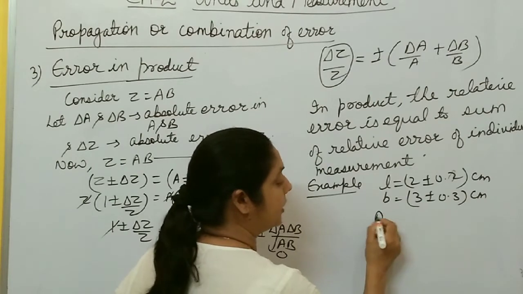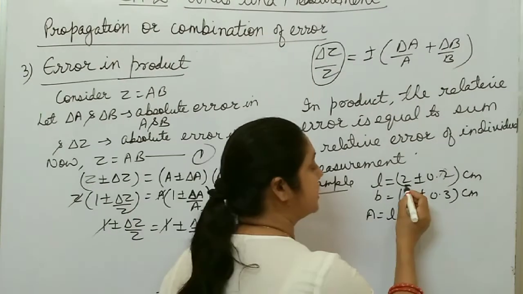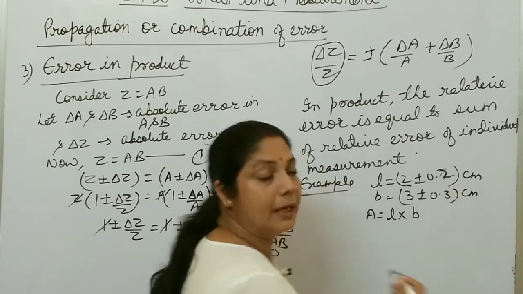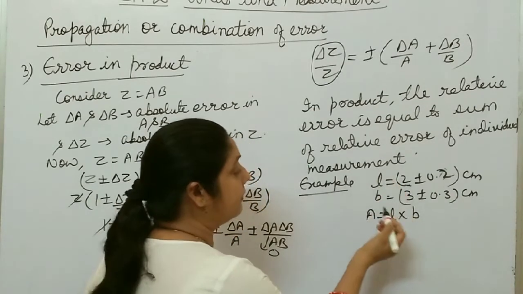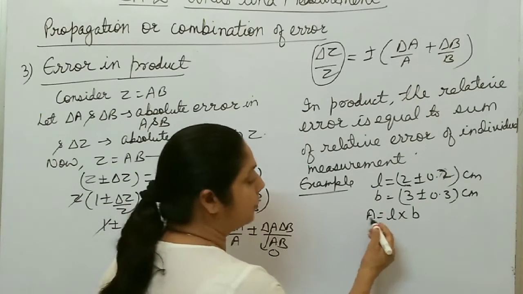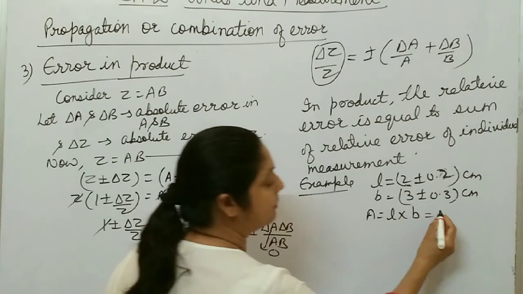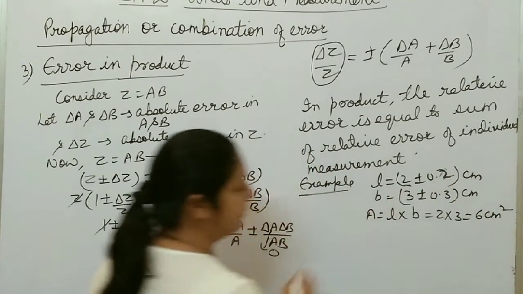So area is what? Length into breadth. So the first term represents its true value and the second term represents its absolute error. So you have to find the relative error in length, the relative error in breadth, and the relative error in area. So what is the true value of this area? Length into breadth, just multiply the true values, 2 into 3, 6 centimeter square, right?